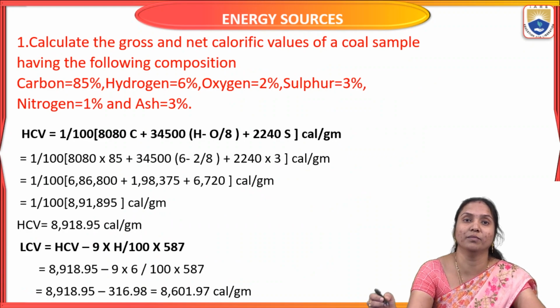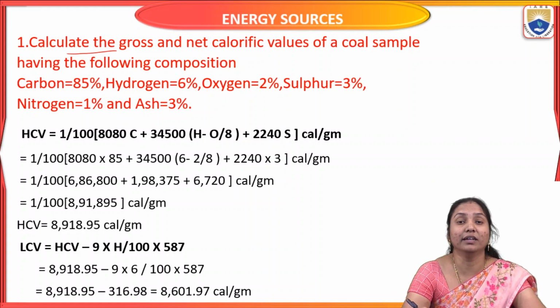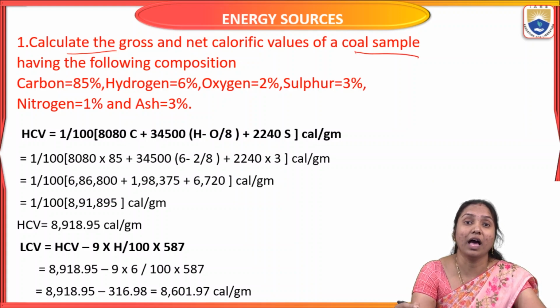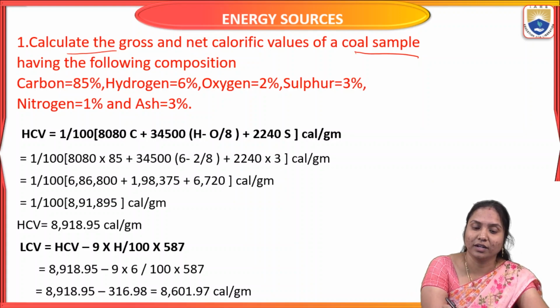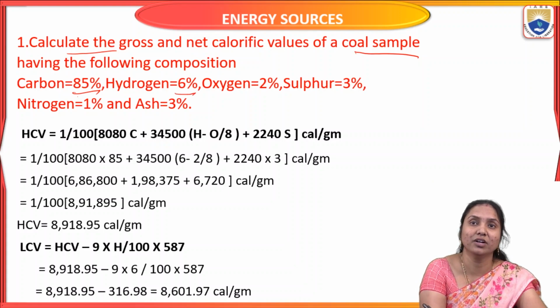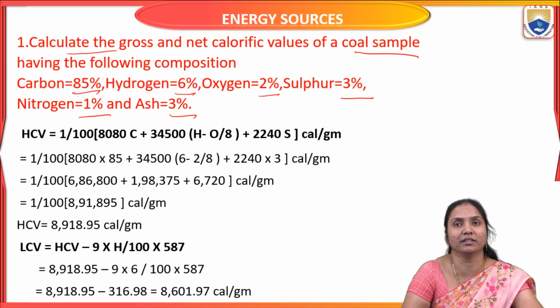Now let's discuss numericals based on high calorific value and low calorific value. What is the problem? Calculate the gross and net calorific values of a coal sample having the following composition: carbon 85%, hydrogen 6%, oxygen 2%, sulfur 3%, nitrogen 1% and ash 3%.